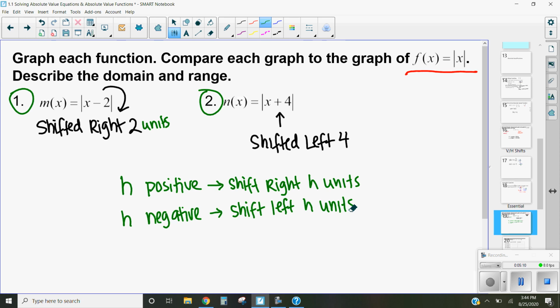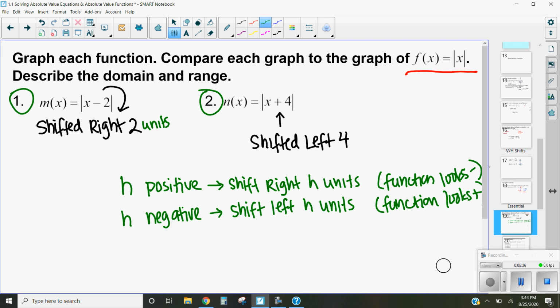But remember, when h is positive, the function looks negative, and when h is negative, the function looks like it's adding. So it's the reverse of what we think in our minds should be happening, but that's what it is.